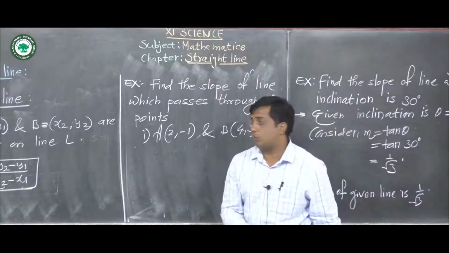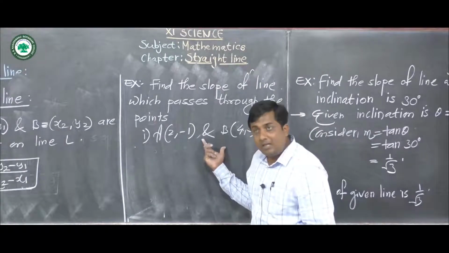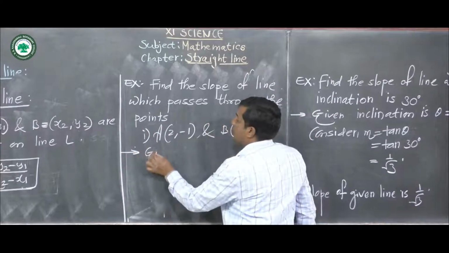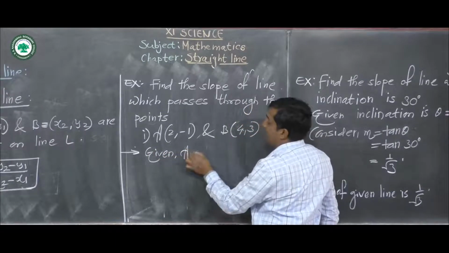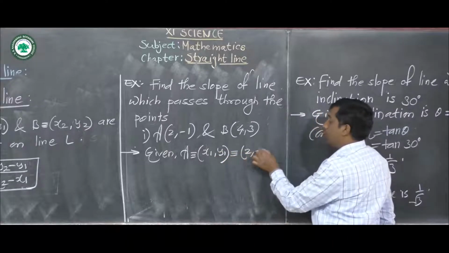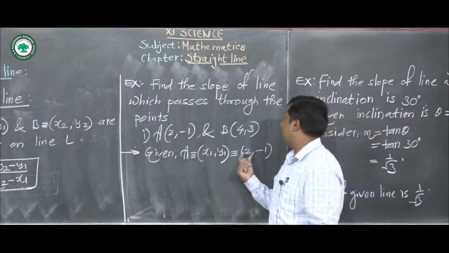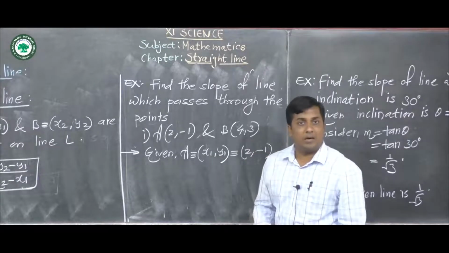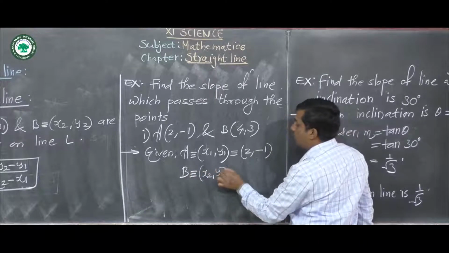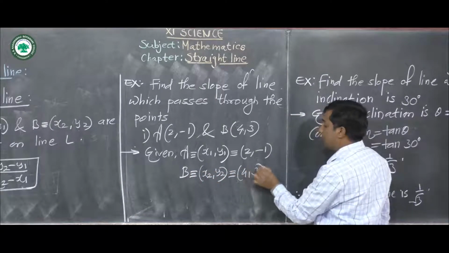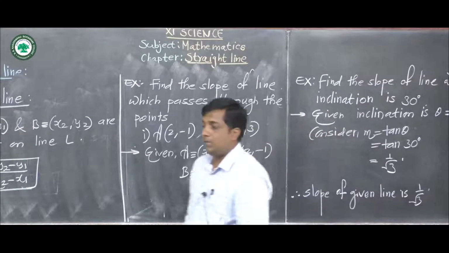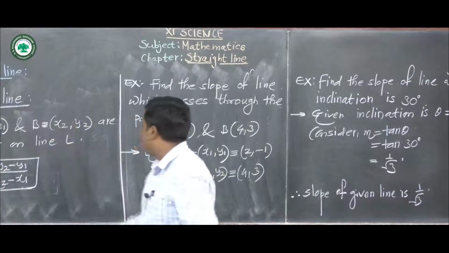Here our line passes through these 2 points A and B. We have to find the slope of the given line. Let us consider the given things again. A is equivalent to x1 y1 and is equivalent to 2, minus 1. That is, x1 is 2, y1 is minus 1. Then B is equivalent to x2 y2 and is equivalent to 4, 3. That is, x2 is 4, y2 is 3. So using these points we find the slope by using this formula.